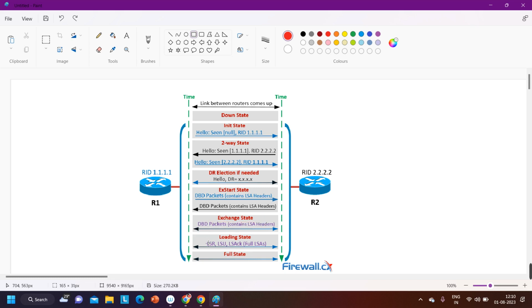And in loading state, it will share LSR, LSU, LSAck: link state request, update, and acknowledgement. So in which state will the actual network information be exchanged between the routers? In loading state. And after exchanging the LSAs, routers are going to form full neighborship.